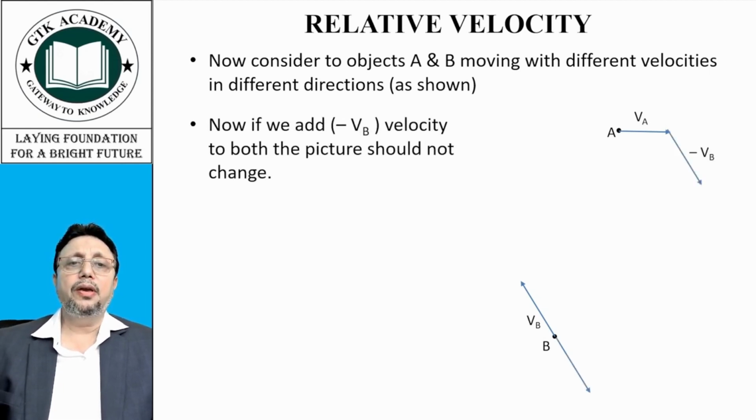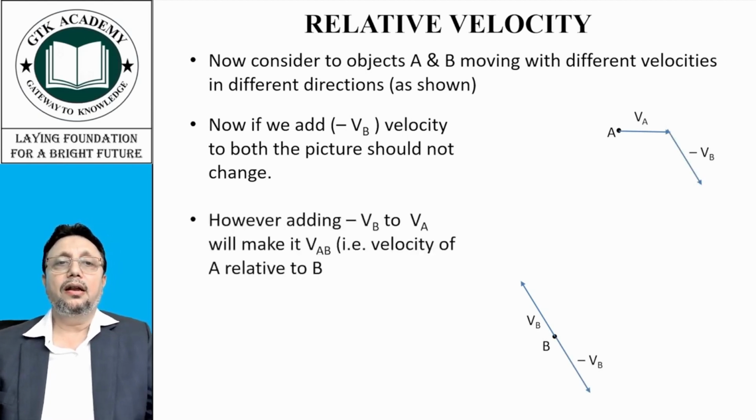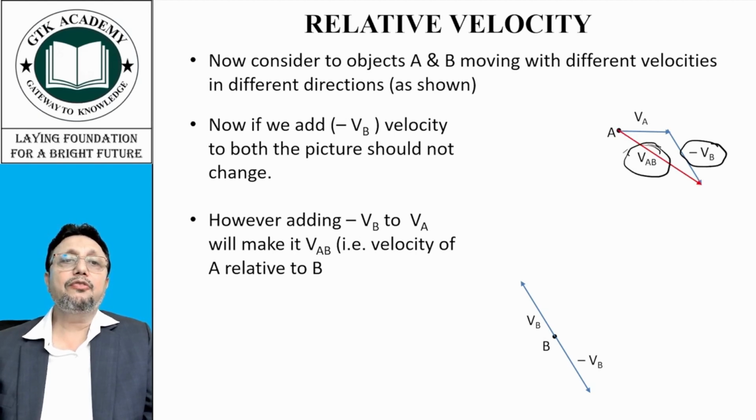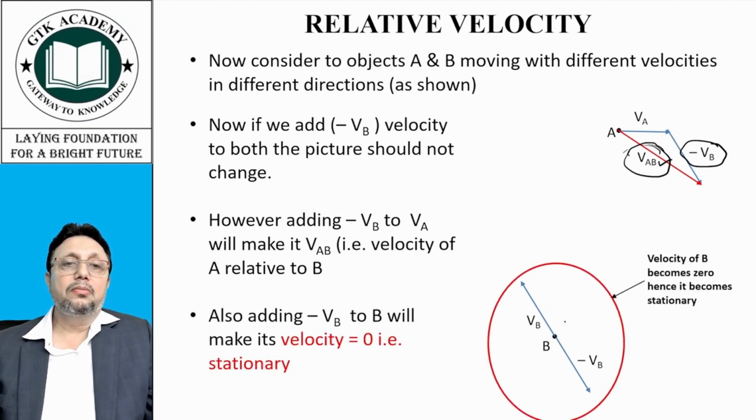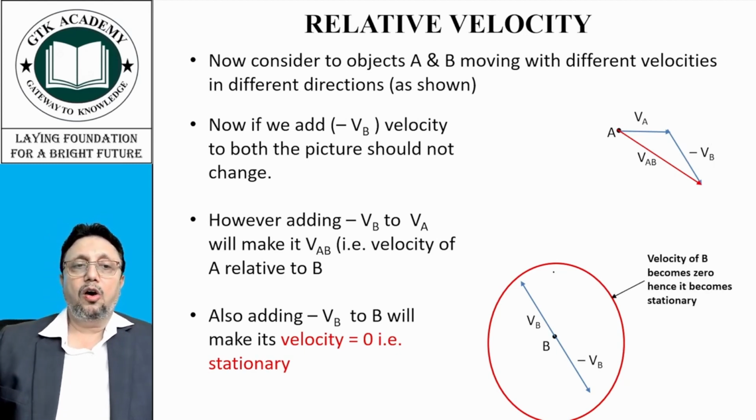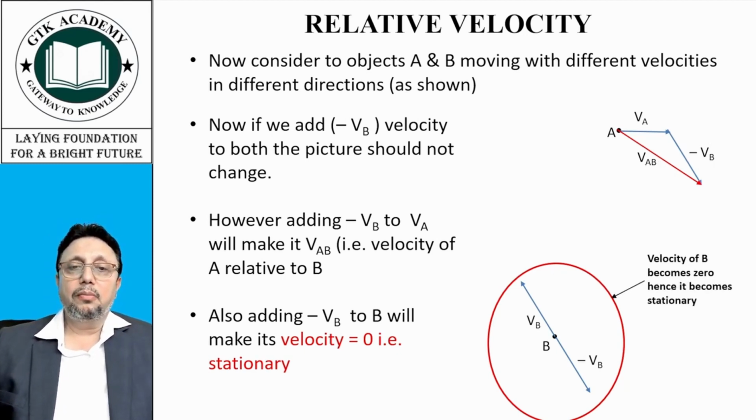So minus VB, minus VB. But now when we have added minus VB here, it will become VAB, the velocity of A relative to B. That means B is the observer, and for B this will become 0, because VB in one direction minus VB in the opposite direction. So that is how the observer becomes stationary.